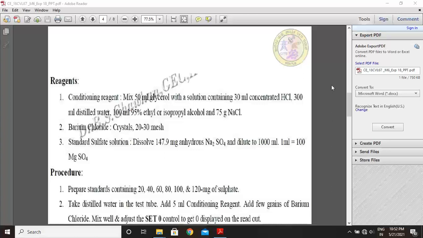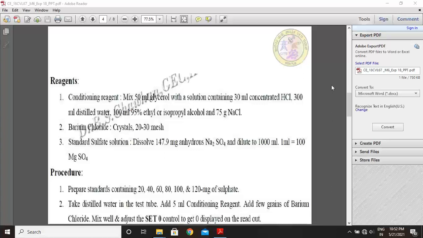After preparation of these three types of reagents, what is the procedure to conduct this experiment? Step number 1, prepare standards containing 20, 40, 60, 80, 100 and 120 milligram of sulfate. You take 6 Nessler tubes and prepare this range of sulfate standards in the 6 Nessler tubes.